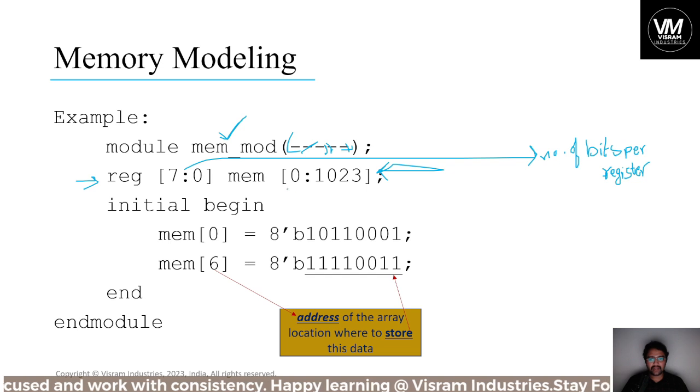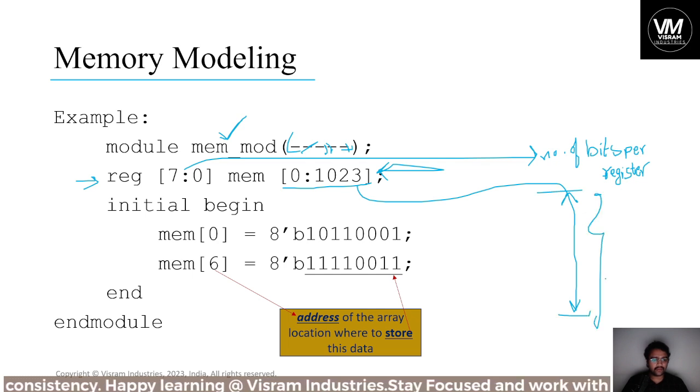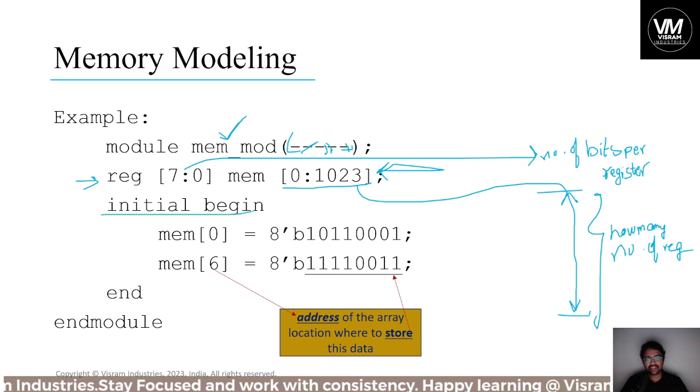Okay, but this represents how many registers you should have, the number of registers you are having. And for initialization, at different address locations, so this is the address location.